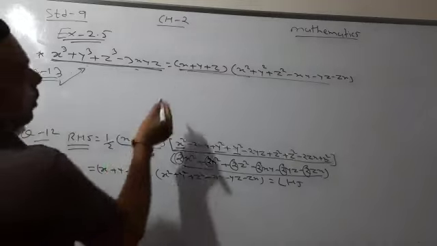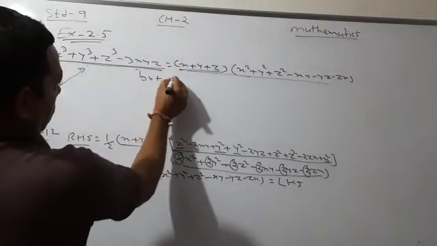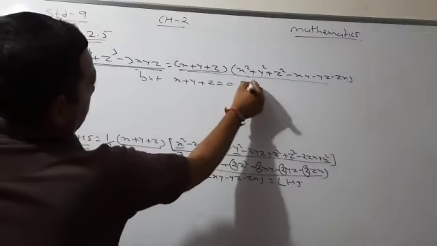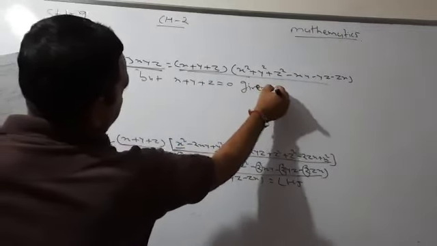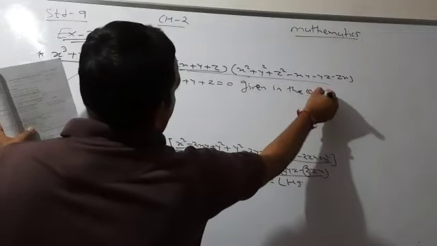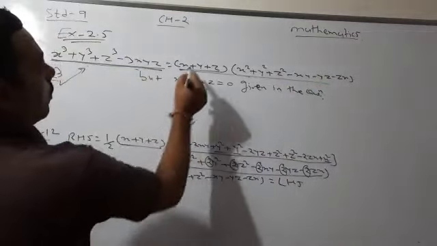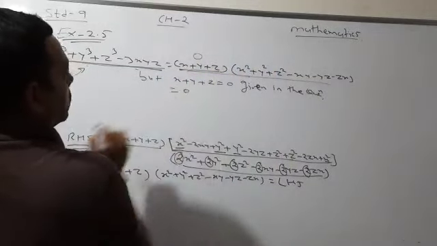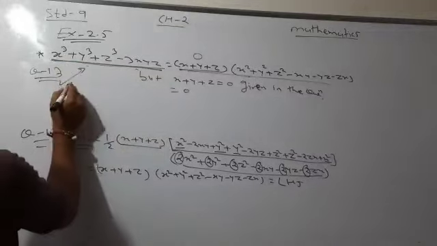Then I will simply put that x plus y plus z is equal to 0. This is given in the question. So we'll put this 0. So 0 into anything is 0. So the final answer is 0. Whose answer is 0? This.